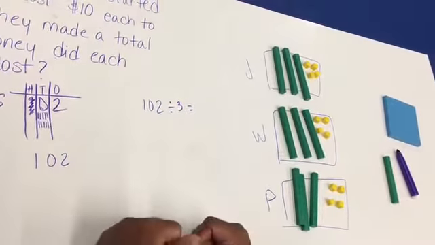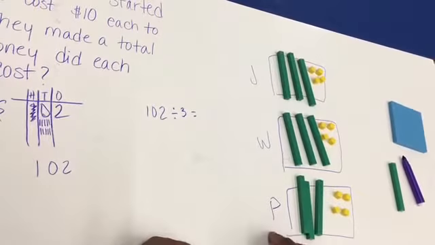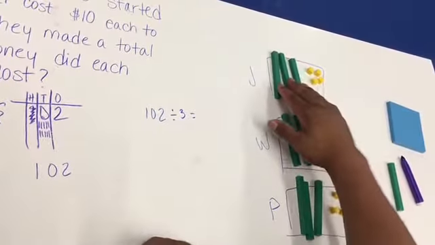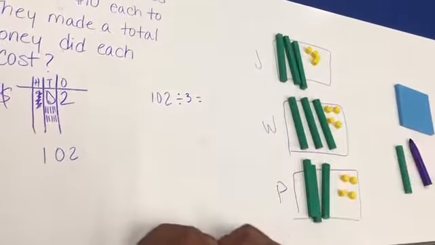So each one of our friends, John, William, and Pedro, has 3 ten-unit rods and 4 units for a total of 34.